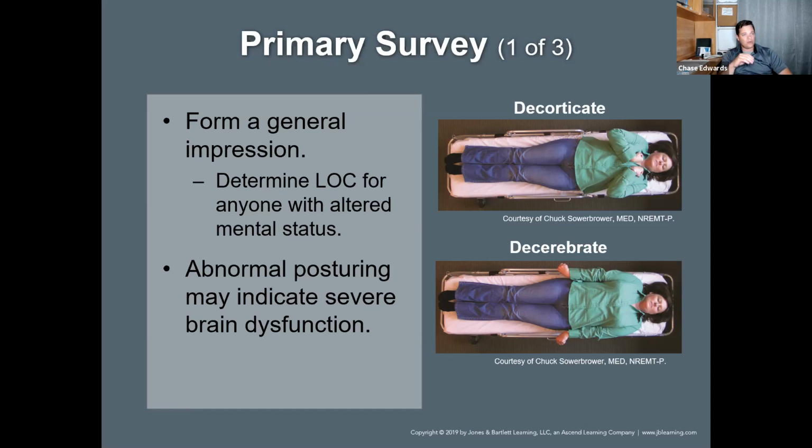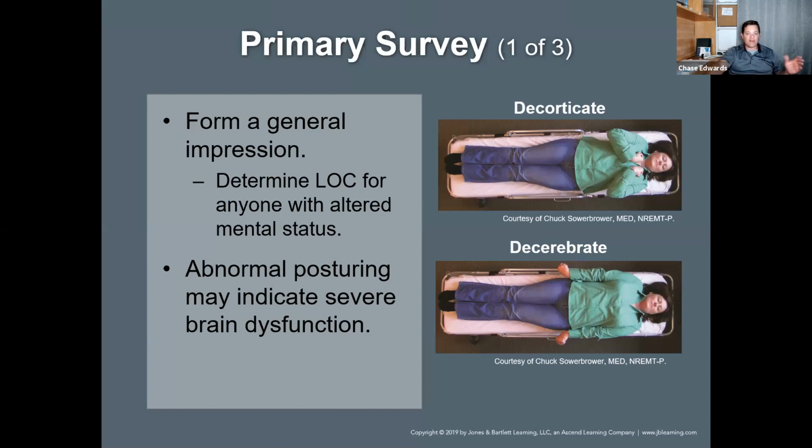So up top here, you have decorticate posturing. The patient contracts the arms and curls them towards the chest, usually. And then you also have decerebrate posturing. The patient, again, points the toes, but now extends the arms outward and rotates the lower arms and the palms in a palms down manner, like you see here, or what we call pronation.